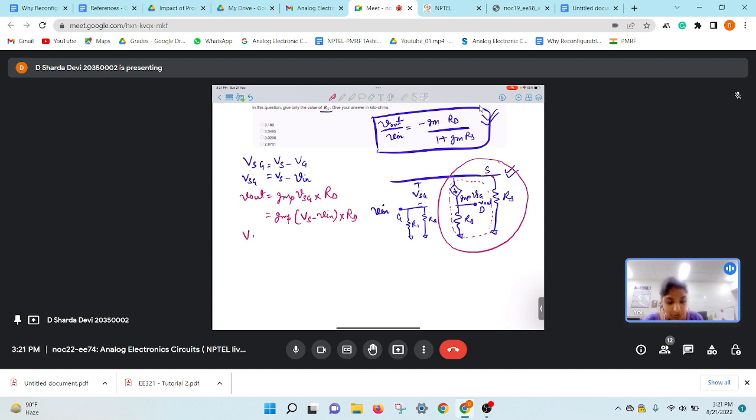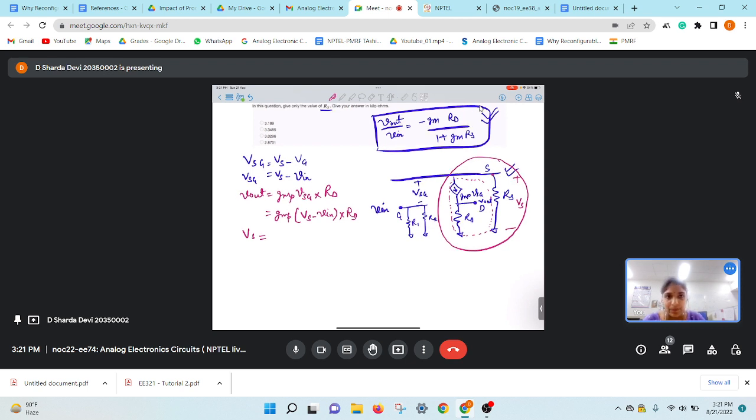So if we want to write the expression for Vs, what will be Vs? Vs, if we see clearly, is the drop across Rs. And since a single current is flowing through this dotted path, can we write it as this?